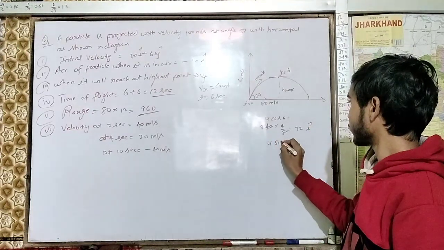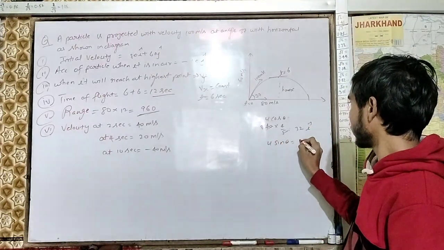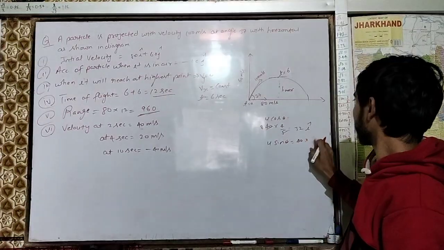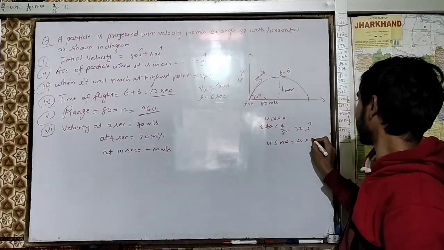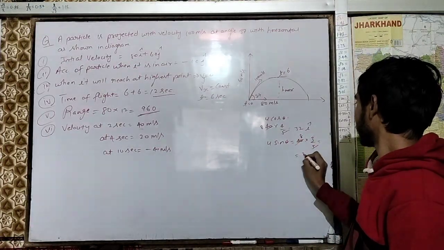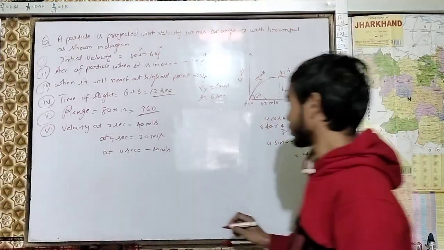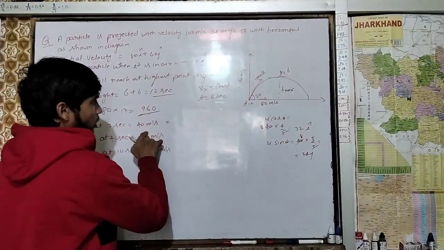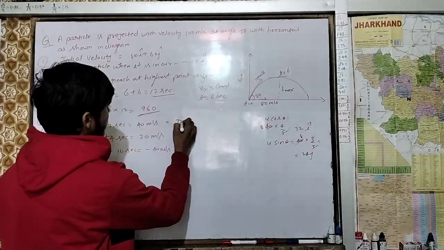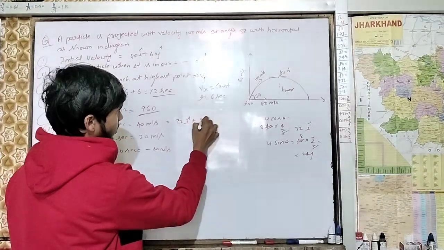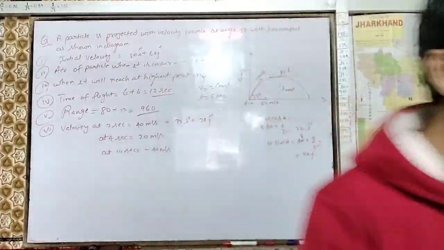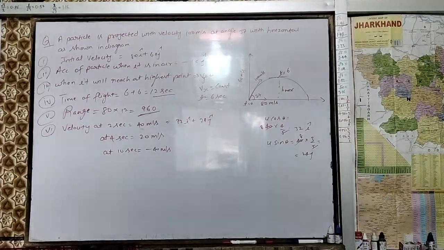And u sin theta is the vertical part: 40 multiplied by sin 37, which will be 3 by 5, so 24 j cap. So in the language of vector it will become 32 i cap plus 24 j cap. That is how we will write it in the language of vector.